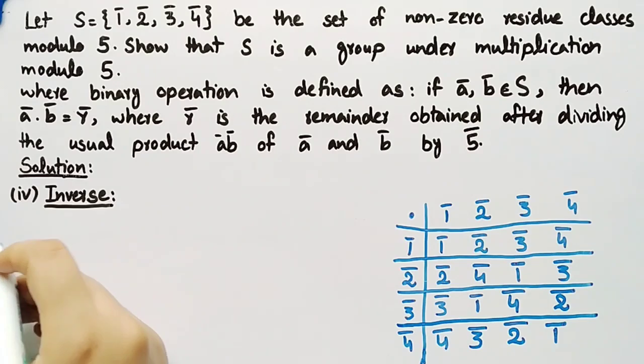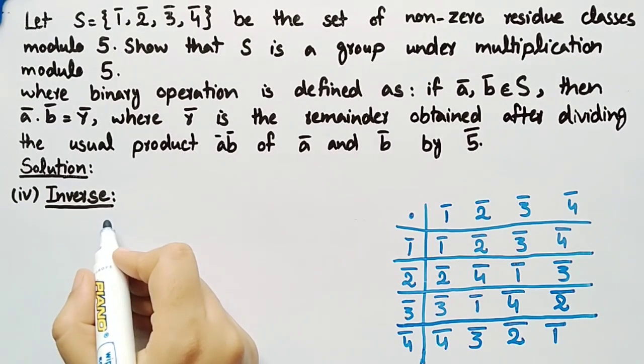The fourth axiom is existence of inverses. When we apply the binary operation on two elements of a set and get the identity element, then those two elements are inverses of each other.